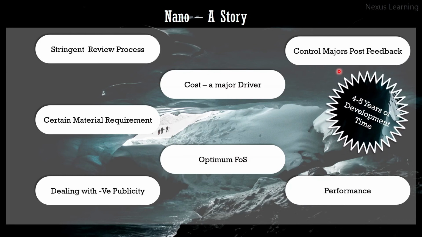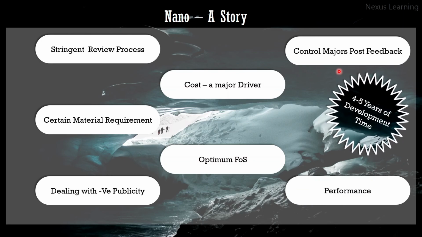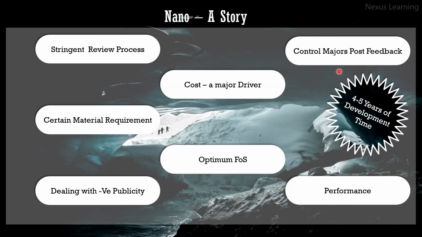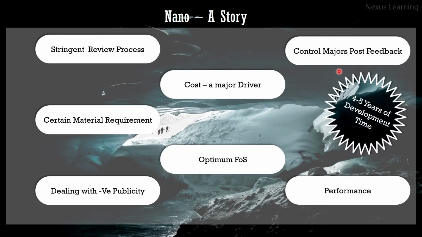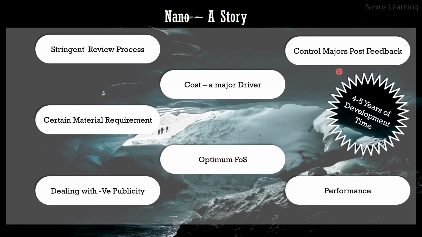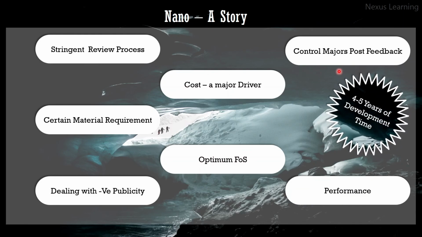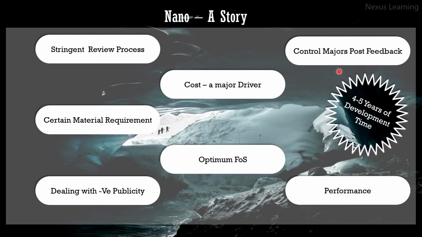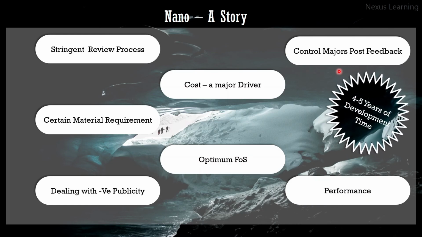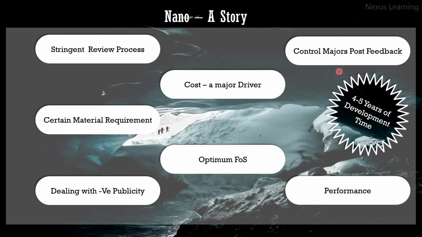For a car, usually it takes 2 to 3 years at max for development. But for Nano, it was 4 to 5 years of development time, and prior to that, 2 to 3 years of background work. So you can see there is a lot of hard work, and a lot of technical things have gone on.